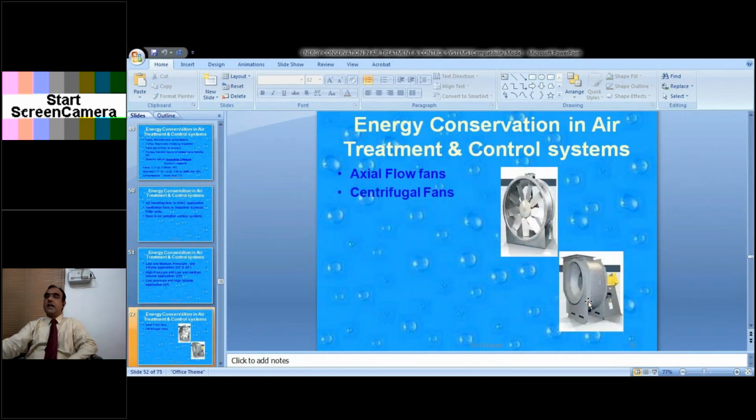So these are the axial flow fan and centrifugal fan. In axial flow fans, the air movement will be axial.